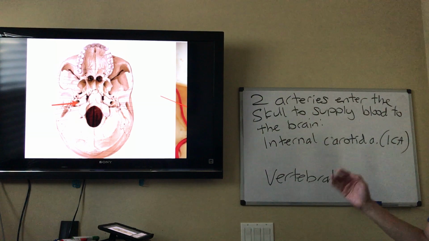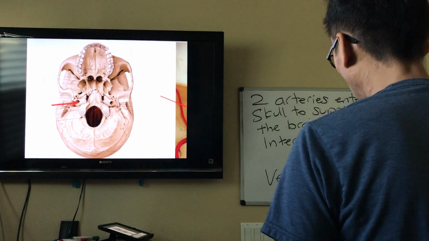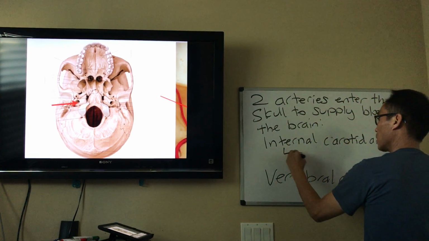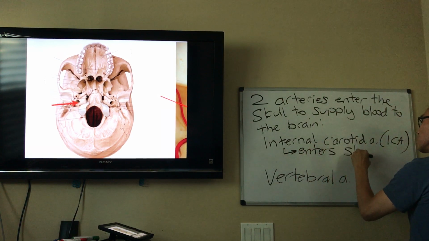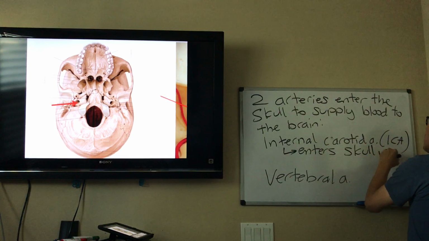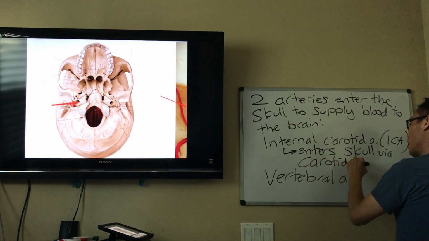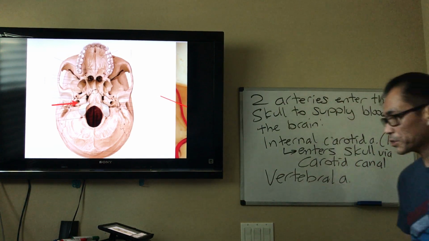What we just talked about, a branch of subclavian. I left the space there on purpose. That arrow points to the carotid canal. That's how ICA enters the skull. Enters skull via carotid canal. So let's remember our skull knowledge.